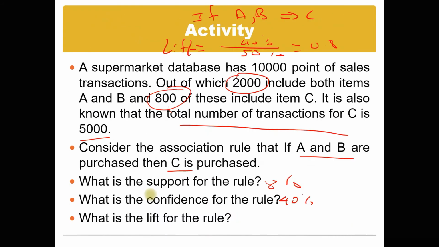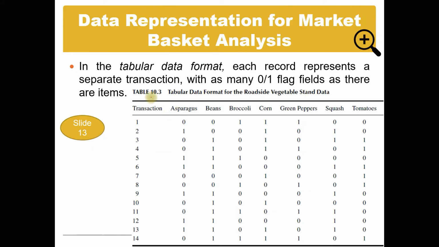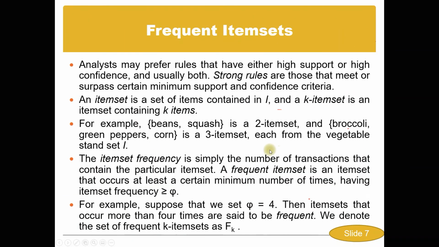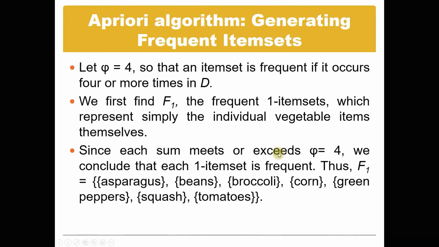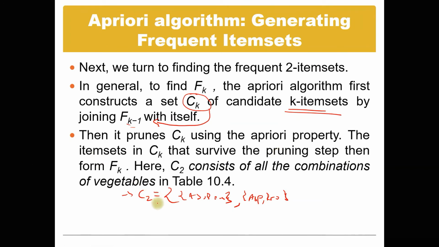You just don't go back in the data here and then try to figure out all the possibilities, because if bean was not there, C2 would not be containing it. You would not take C2 in there. Right? So it is based on the F1 only. Remember that it is based on all those that were frequent already. And we have a long list of all the possible values. So that's our first step.